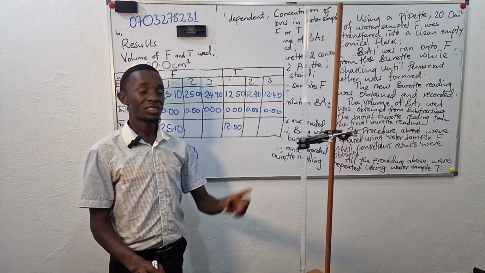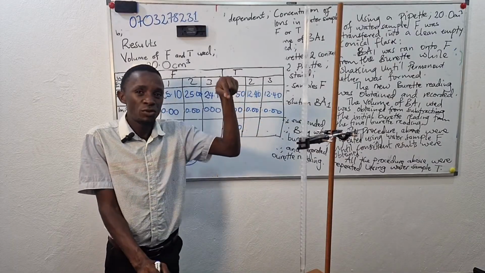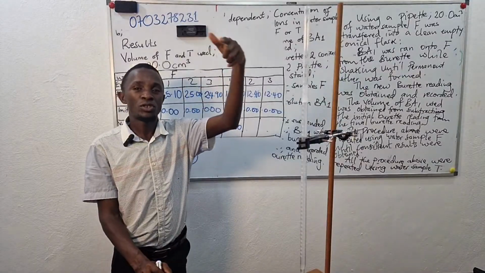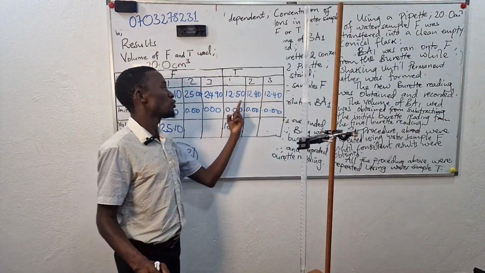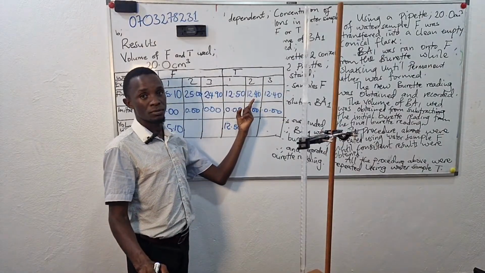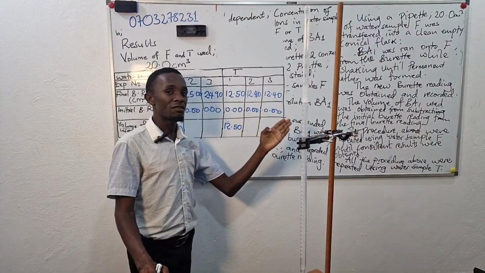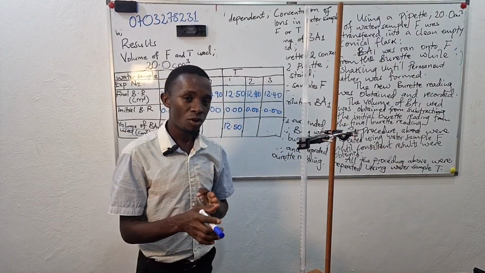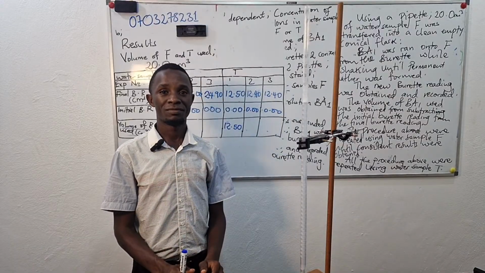Why? Because by the time you do this one, you're now going to become more accurate. The extra drops you added after the reaction has been complete, this time you will not add them. That's why the second and third values will be a little more accurate and smaller than the first one.